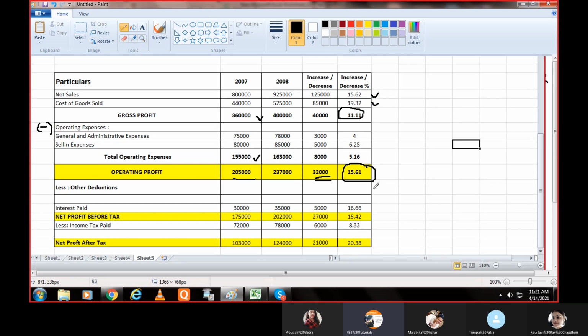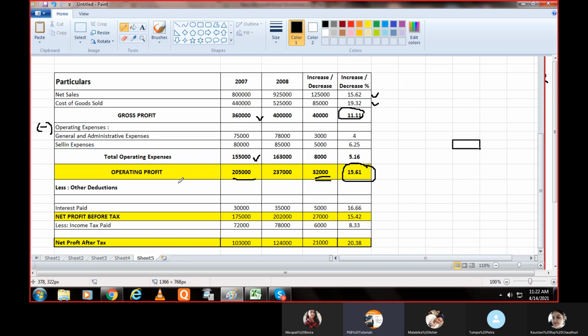So the entire operating profit increased by 15.61%. Fine. Now, we understood the gross profit is good enough and the operating profit is also fine, right? So there's an increase in gross profit and this is sufficient to compensate the operating expenses.